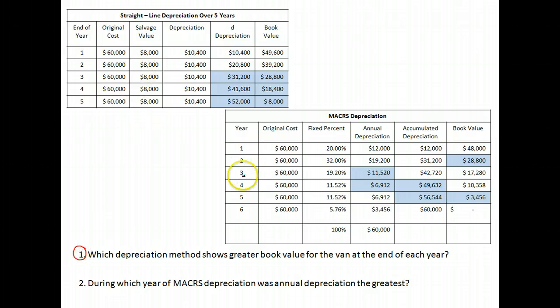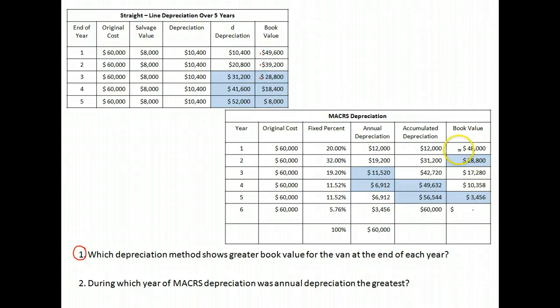Again, my charts are a little different than yours because I use different numbers, but we're just going to go through how you would find the answers to these given your charts. So which depreciation method shows a greater value for the van at the end of each year? So which one does the van have a higher value? Well, look at the book values. This one has 49,600, 39,200, 28,800.